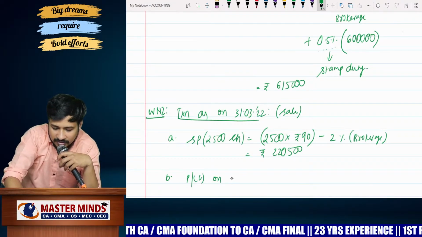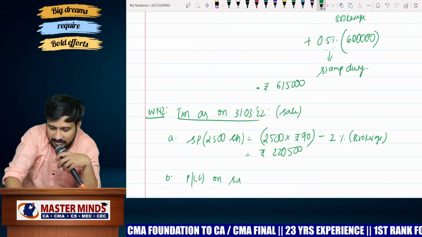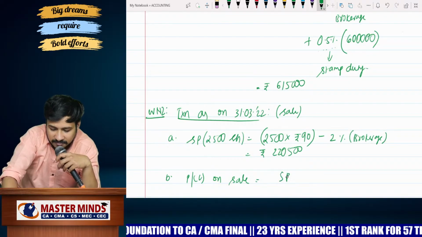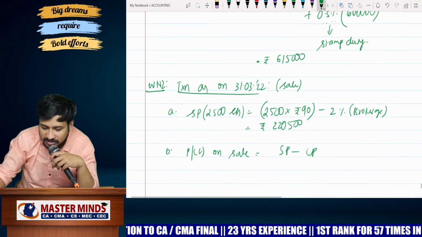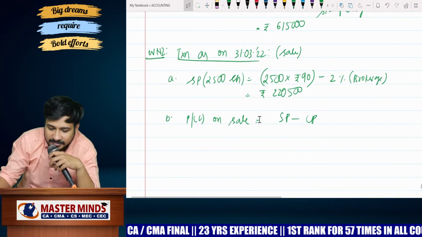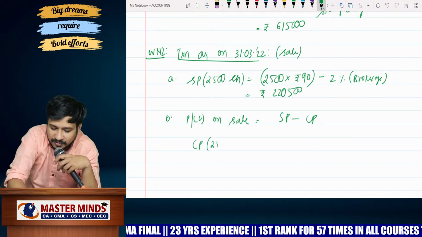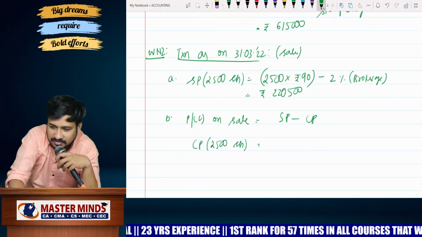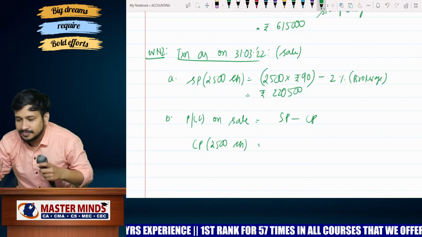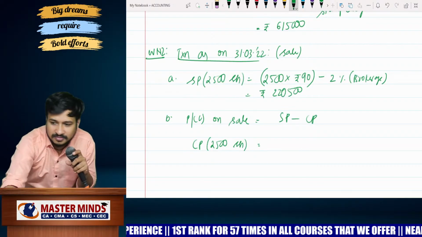Now B, profit or loss on sale is equal to selling price minus cost price. Of course, selling price is readily available, right? Now you need to find what is the cost price of 2,500 shares, and tell me what is the profit or loss.